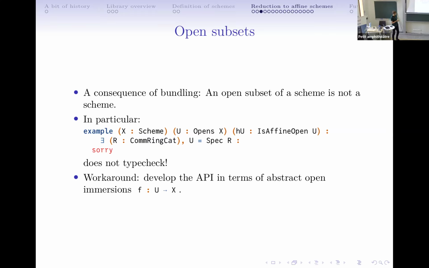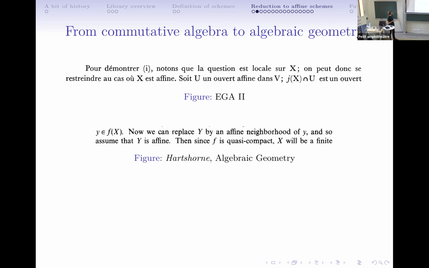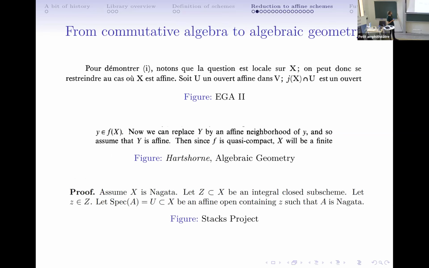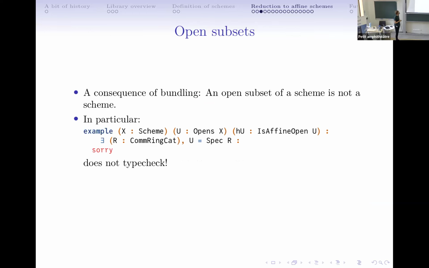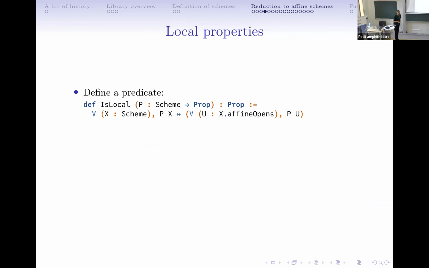But for the other part that I showed you, so for these two quotes from EGA and Hartshorne, there's not really a solution. And well, I show you one attempt at the solution, or a few attempts. So we have a notion of locality of some properties. Let's make this situation very simple, and let's take only a single scheme.